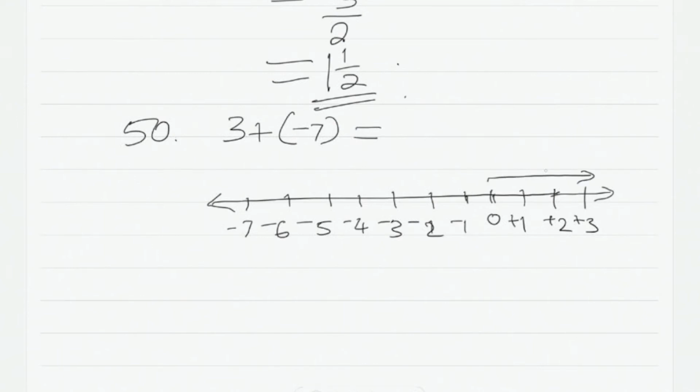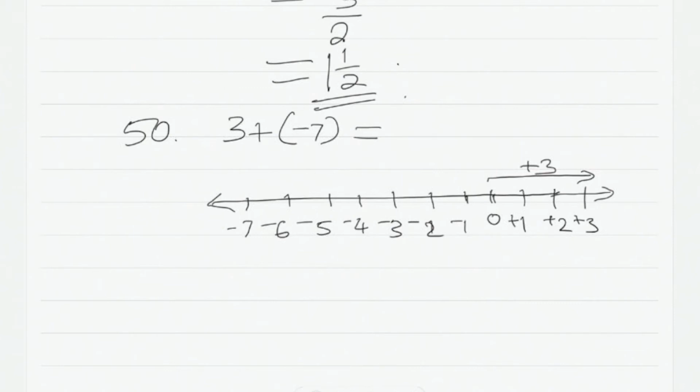So the first thing we have to do when we are given such a problem is to show the starting point. Since we are adding, our starting point is +3, which is found on our right hand side there. Now, the number in the brackets shows us the number of steps we are going to take.